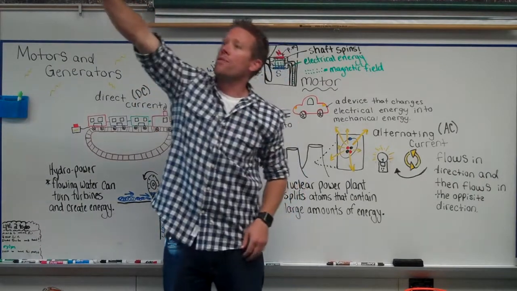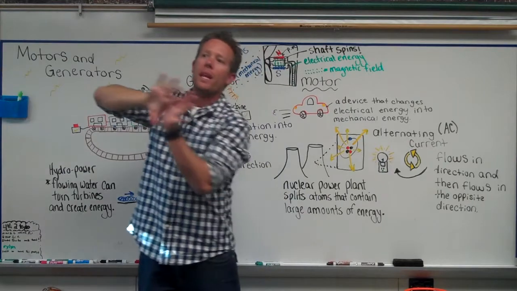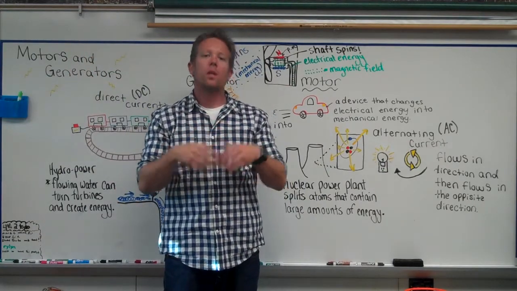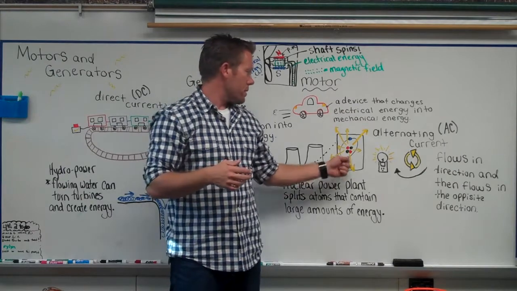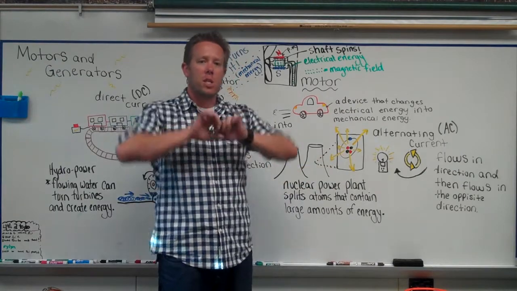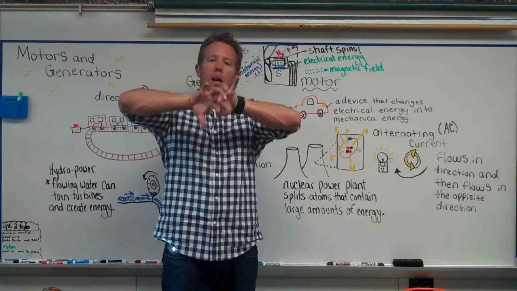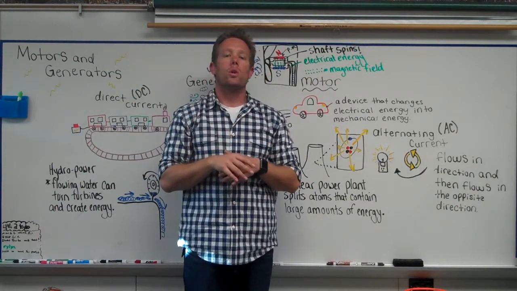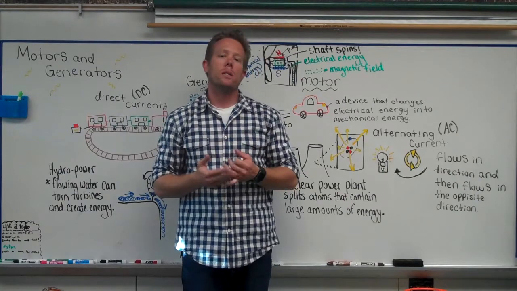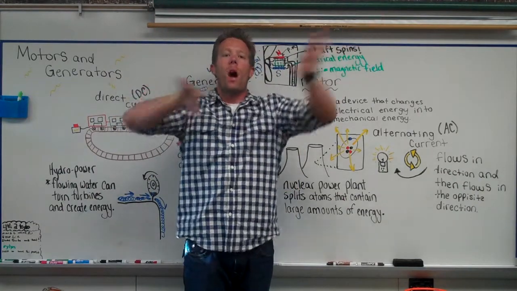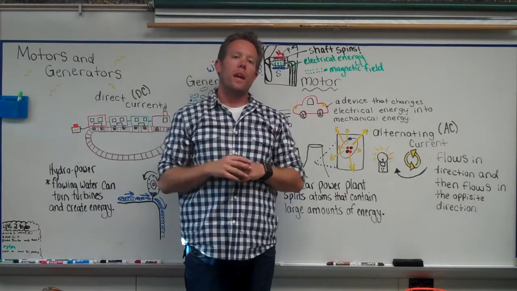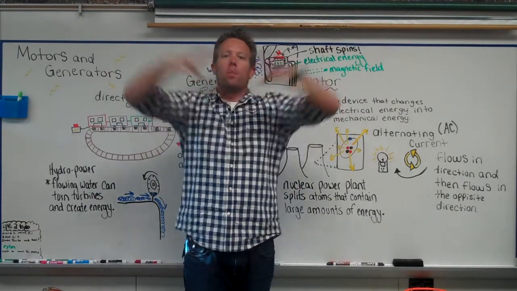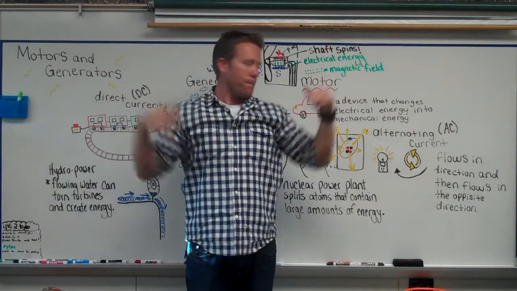So when that electron goes flying, it's creating movement, and that movement is going to be used to power other things. Okay? So a power plant can split the atom, and the subatomic particles like electrons and protons are going to go flying, and that's going to create energy. It's like an explosion, and that explosion is energy.